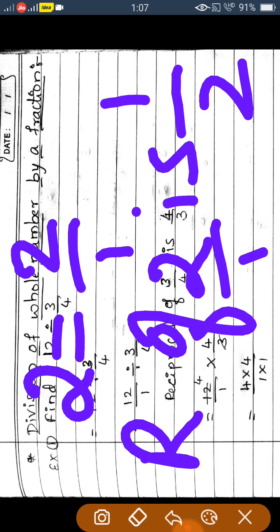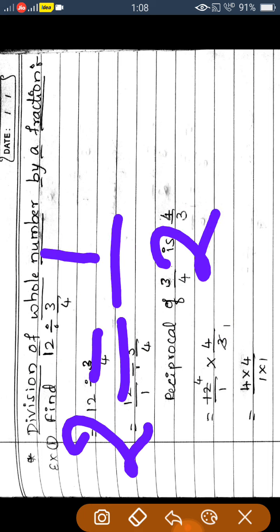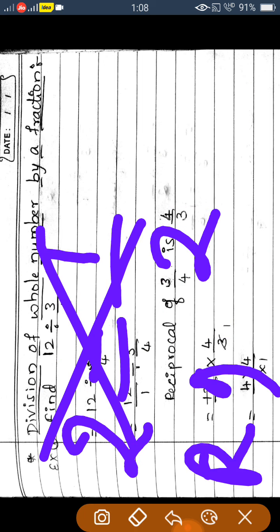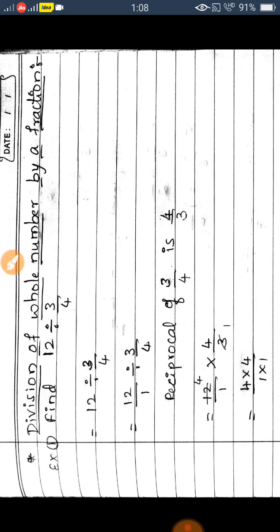And one more thing, we should not write 2 as 1 by 2. We have to mention the reciprocal of 2 is 1 by 2. Like this we have to mention whenever they ask to write the reciprocals of given numbers. It is there in the exercise, students. Clearly you must study it.